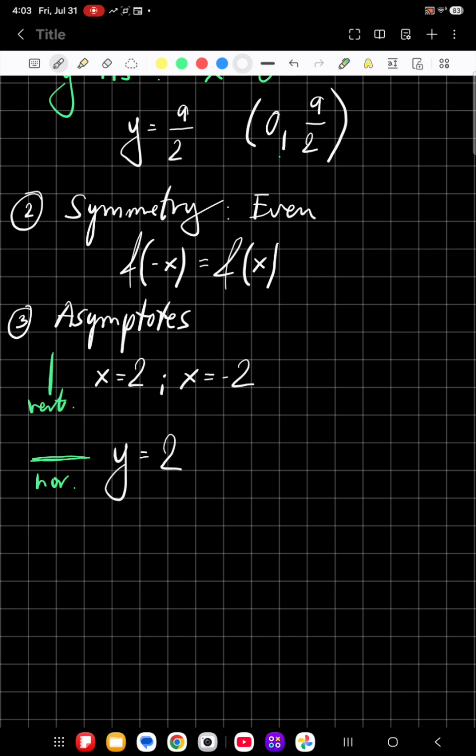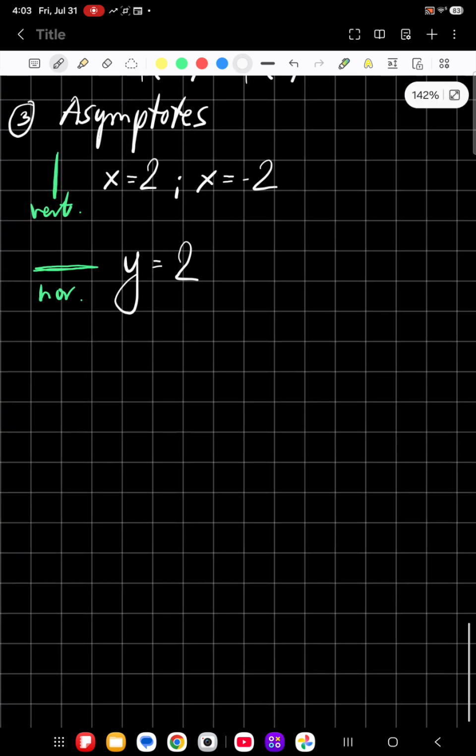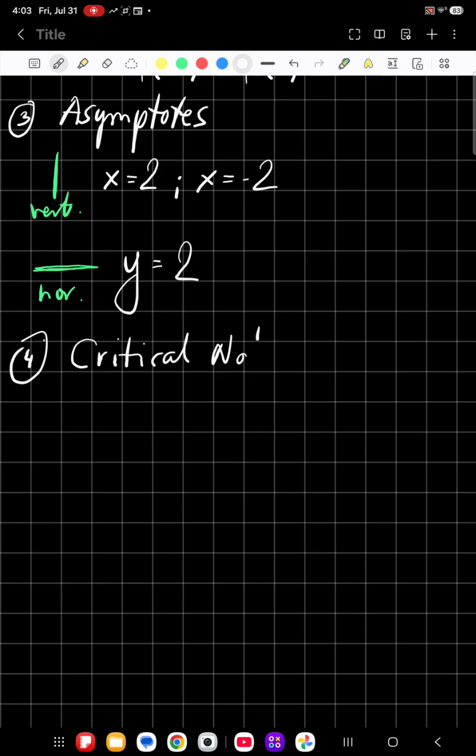And now let's focus on the calculus part. Step number 4 is critical numbers. Okay, so critical numbers, and we have that first derivative. I'm going to write it here. That's 20x over x squared minus 4, to the second power.